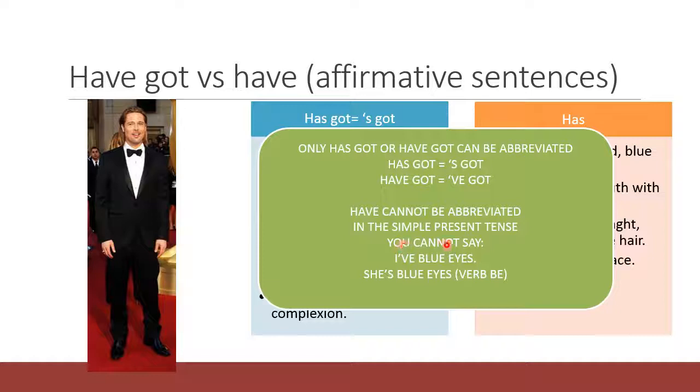You cannot say I've blue eyes or she's blue eyes, because in this case when we use the contraction, it means that we're talking about the verb to be. So if we translate this sentence, it would say ella es ojos azules, and that's not right. So remember, we cannot abbreviate have or has in the simple present tense.